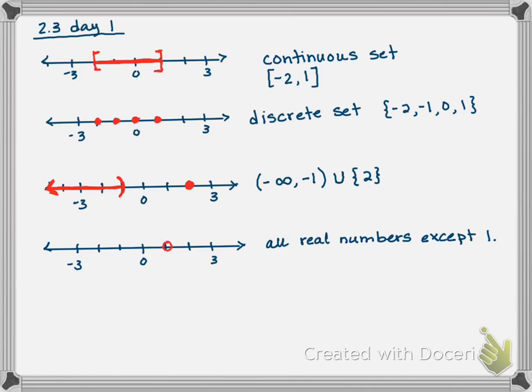So essentially we're saying everything up here and everything down here. And then we have an open point at 1 to show that we're not including 1.